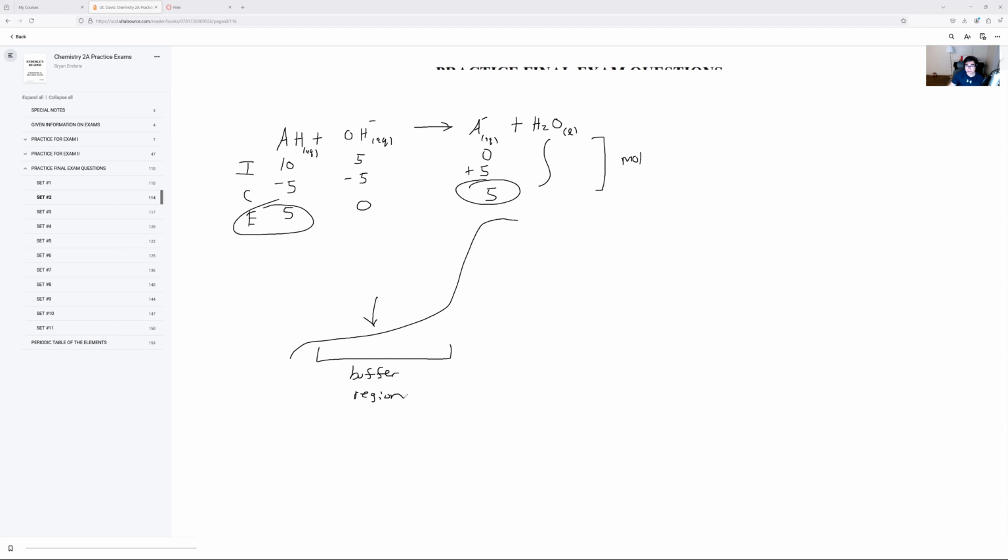You have some of your weak acid and some of your conjugate base, which is by definition a buffer system. And so when they're not equal, not all of it gets converted into a weak base, just the amount from the hydroxide that you add. And that's it.